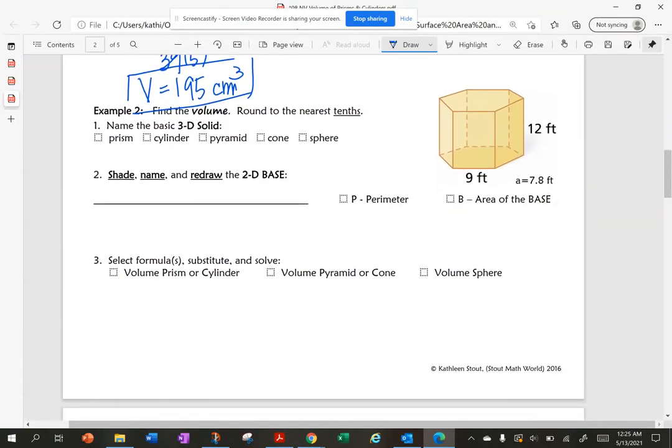Okay, example 2, find the volume. Again, I have a prism. The base is the bottom and the top on this one. So I have 1, 2, 3, 4, 5, 6, so n equals 6. We call that a hexagon, so I have a hexagonal prism.